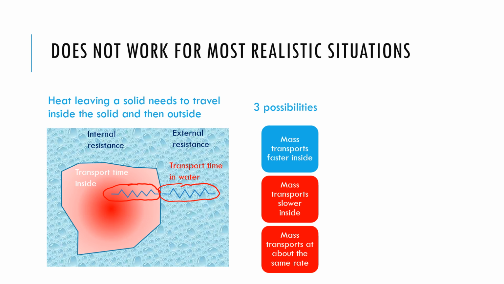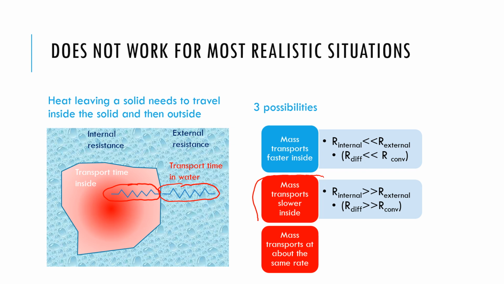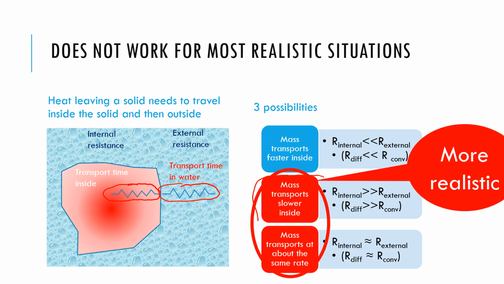In the case of drying, for example, mass transport is often slower inside. And so these two are the more realistic situations, the two that we are not doing here.